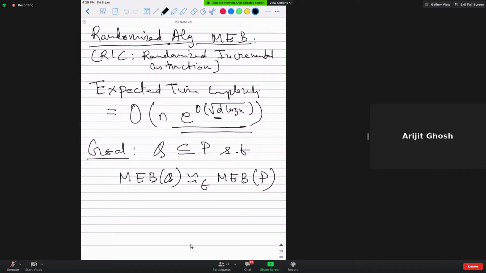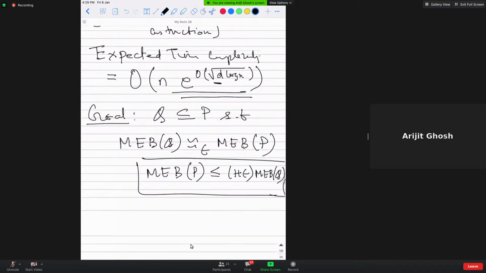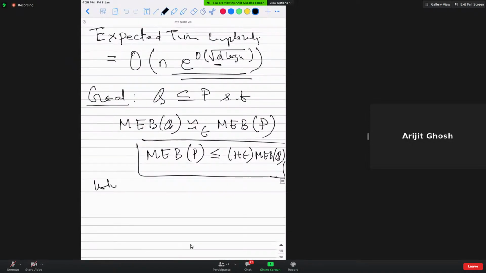If I want to write it tightly, MEB of P should be less than or equal to 1 plus epsilon times MEB of Q. And you want the size of Q to be as small as possible.